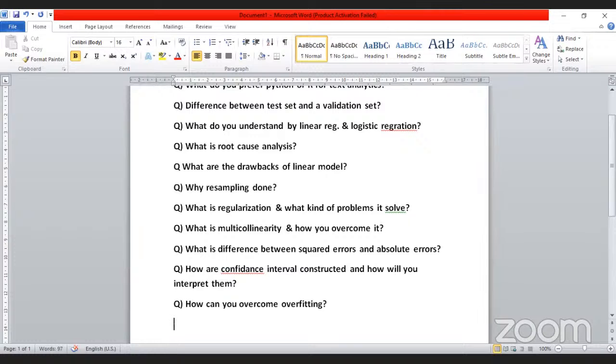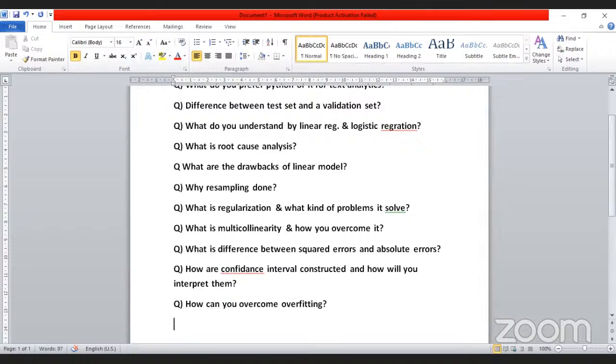Okay. Firstly, let's understand what overfitting is. Overfitting means your model is only relevant for that set of data and irrelevant for other data. That means if you run your model on the actual data, it gives you the best accuracy, but if you take a new data set for that same model, it does not give you that much accuracy.